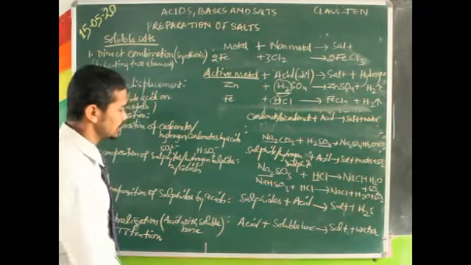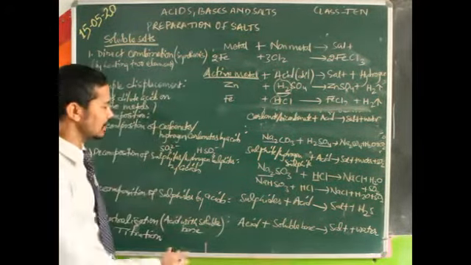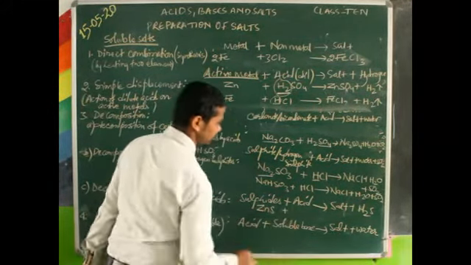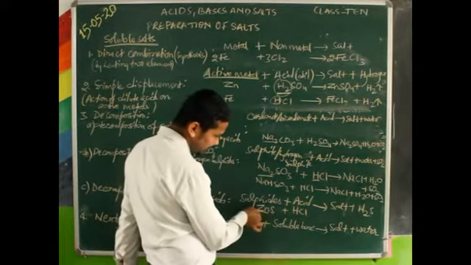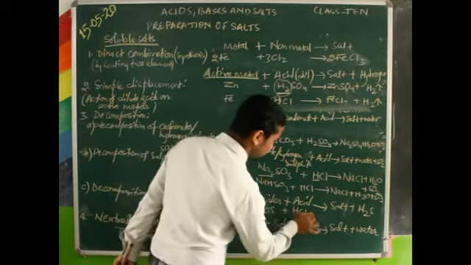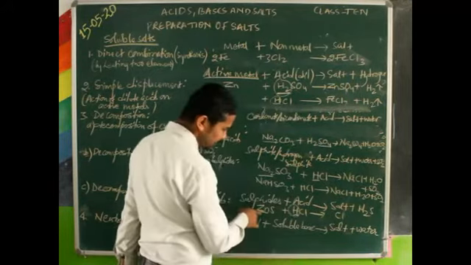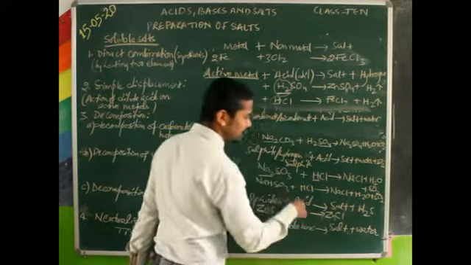Sulfides by acids. So here, any sulfide you can take, say for example, zinc sulfide. Zinc sulfide plus acid, say HCl. Then this zinc is displacing this hydrogen. So this hydrogen is not there. So what is left? Cl is left. Then zinc has replaced this hydrogen. So here will be zinc. But the valency of zinc is 2.